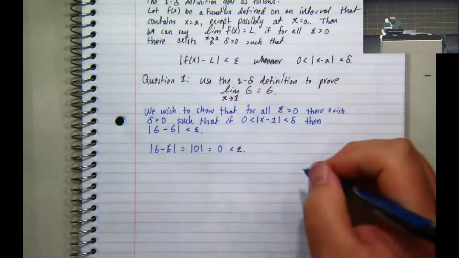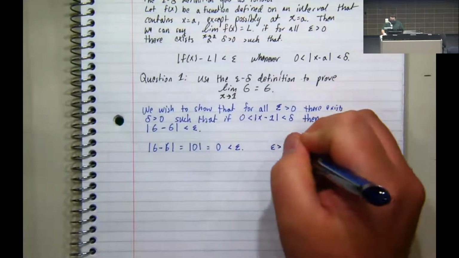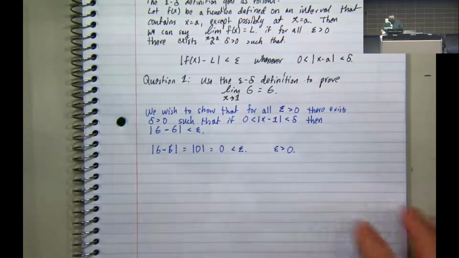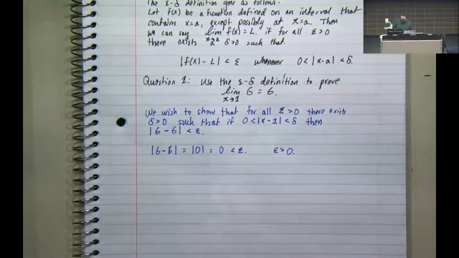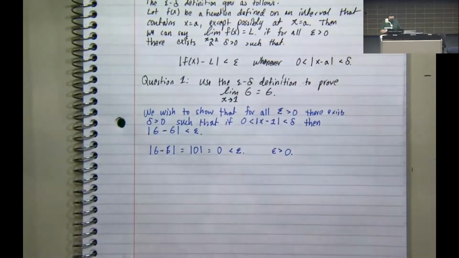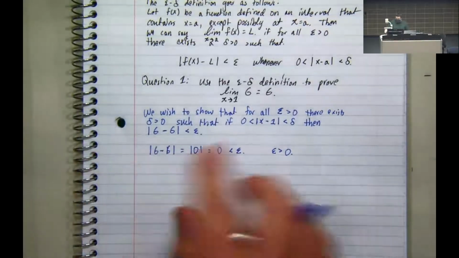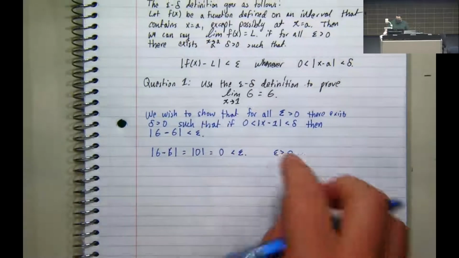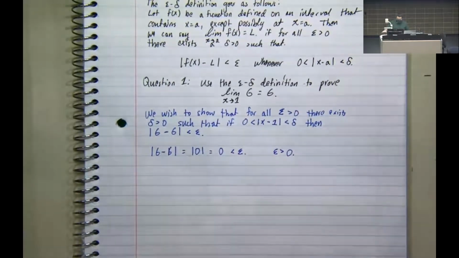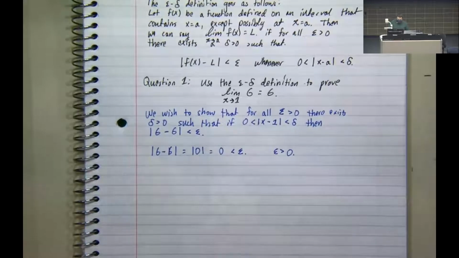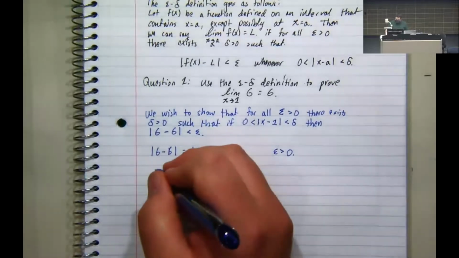And we want an epsilon that is greater than 0. So therefore, this will always be true. So we know that any epsilon value will work. Epsilon is any number greater than 0, so any epsilon will be satisfied here, no matter what delta we pick.